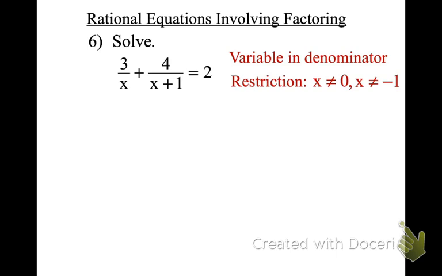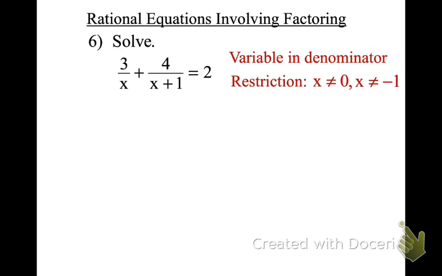Now, if I were going to clear the denominators, what am I multiplying by? Plus 1. Will that clear the x? No. You cannot take a piece of a binomial. What is the least common denominator? X. That will clear the x.